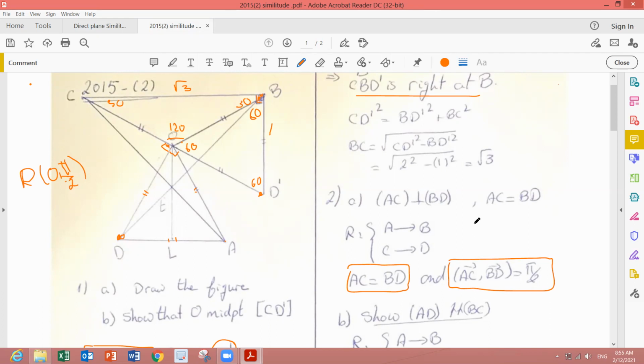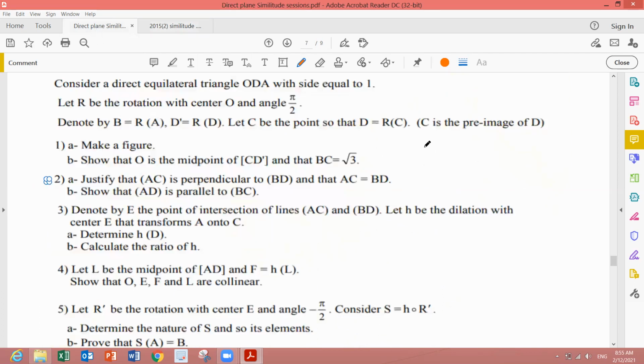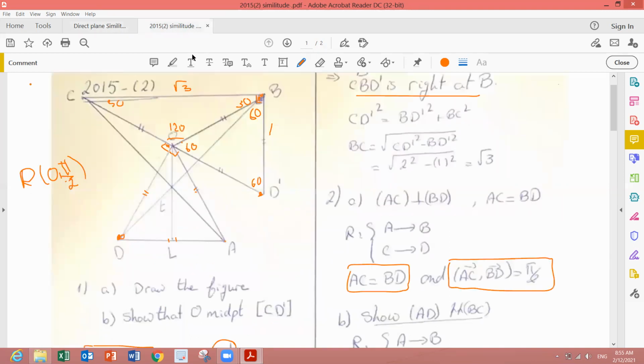Is this C into D also given? Yes, the rotation of C is D. Did you see? Did you write? No, sir, not yet.